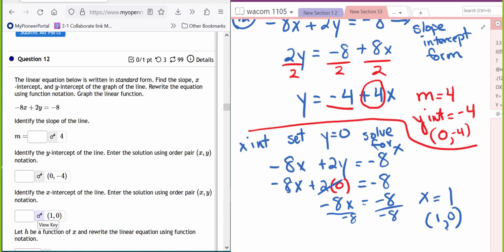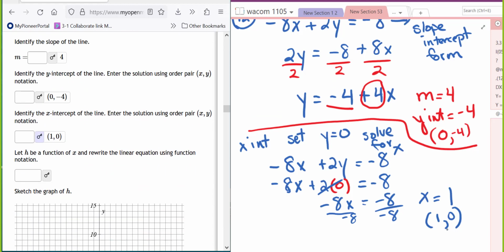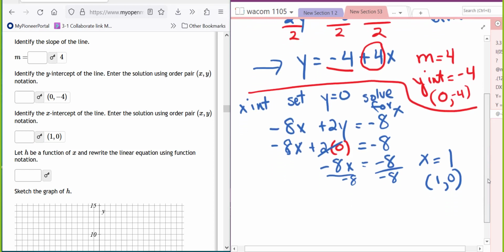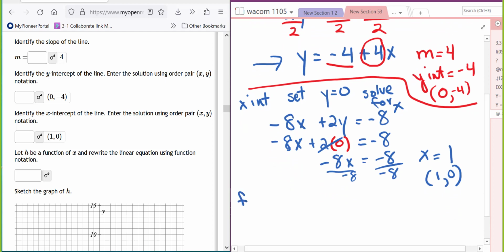There we go. And the last thing on here is they want us to put it in function notation. And for function notation, you need to go back to where you isolated the y. This one will give us function notation. And they were calling this one h.